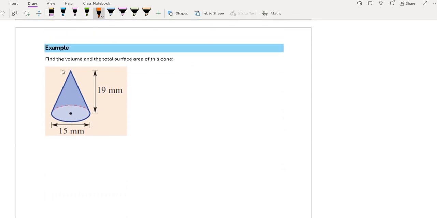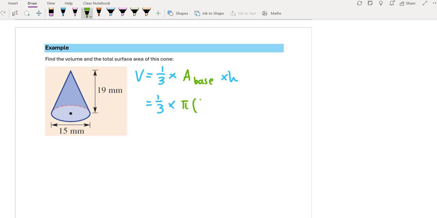Now let's look at this example together. It's asking us to find the volume and the total surface area. We'll start with the volume. So to find the volume, we want a third times the area of the base, which is pi r squared, but in this case our r is half of 15.